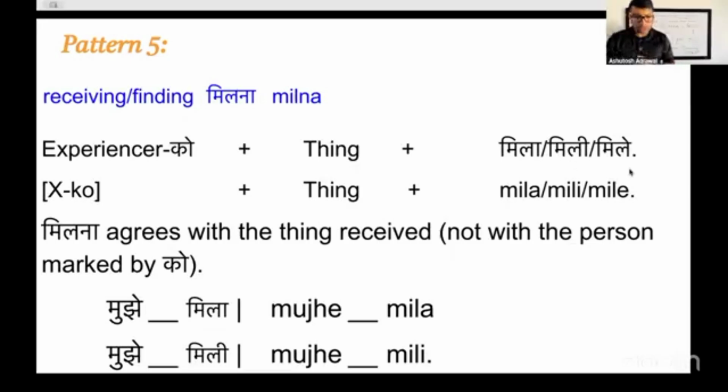My homework to you guys is to at least think about 3 examples for each. 3 things that you can use for mila, 3 for mili, and 3 for mile. This is just to exercise this thing. And for intermediate and above, definitely use it in more than past tense, right? If you think you will receive the prize, it'll be milega, milegi, and milenge, right?